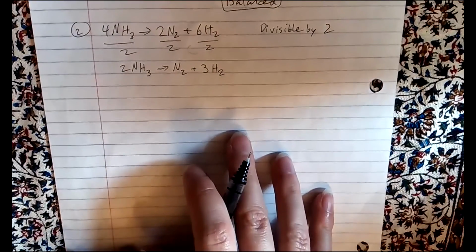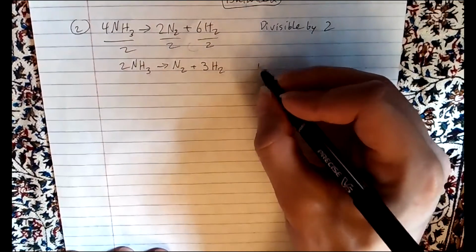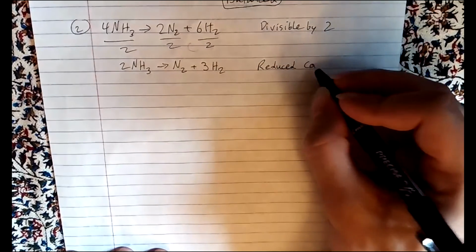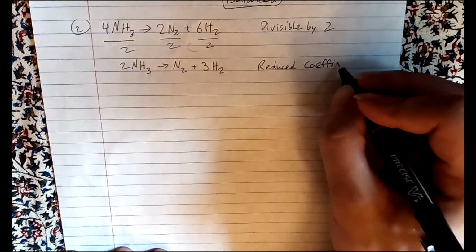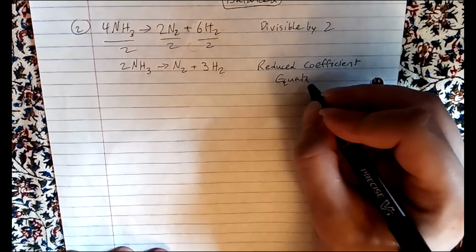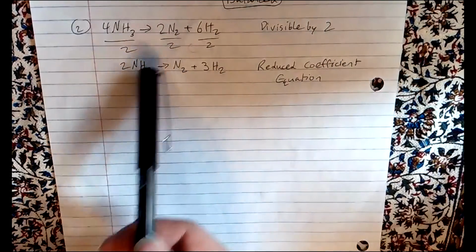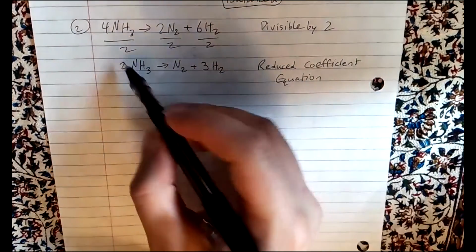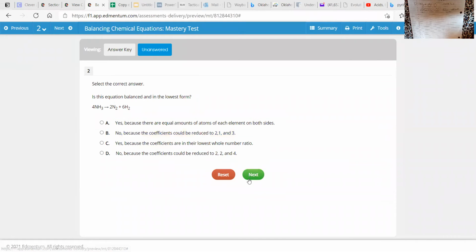Okay. So this is the reduced coefficient equation. This looks a little cleaner than this. And that's really the only thing wrong with it, quote unquote wrong, but you got it.